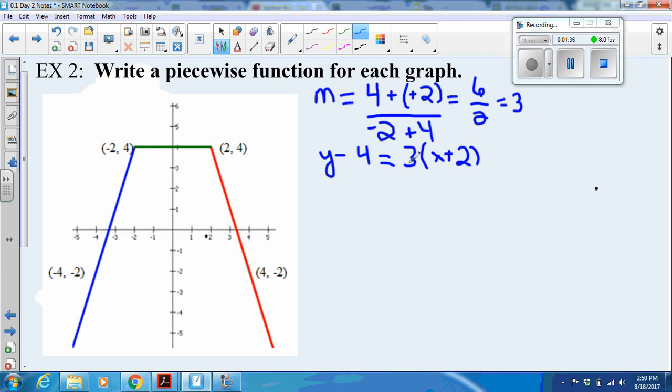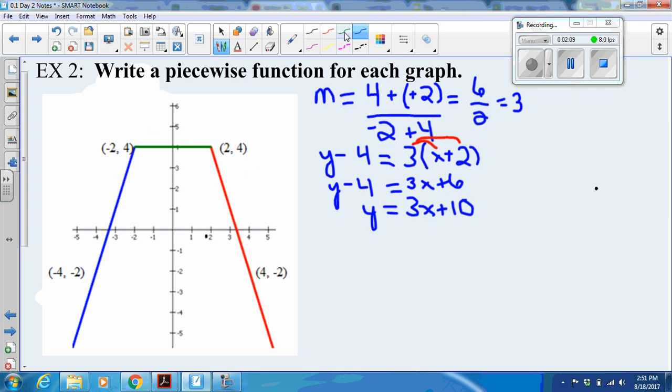So I distribute the 3 to the x as well as the 2: 3 times x, 3 times 2. That gives me y equals 3x plus 6. Now I'm not quite done because I have to get y by itself, so I add 4 to both sides. So now I get y equals 3x plus 10. Okay, so that's the equation for our first line, the blue one.